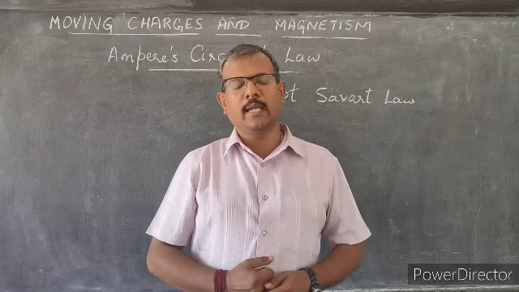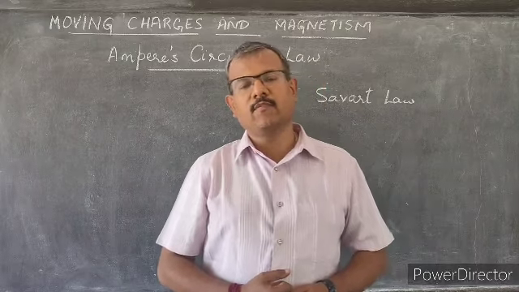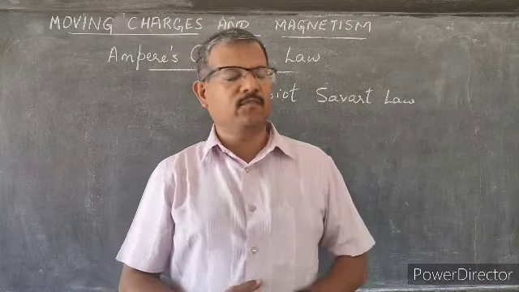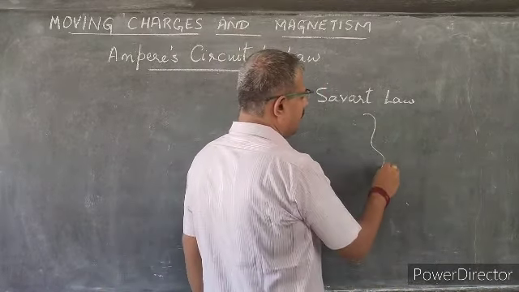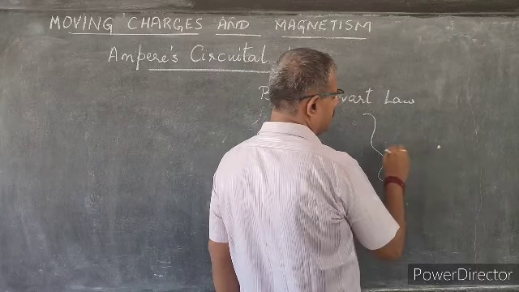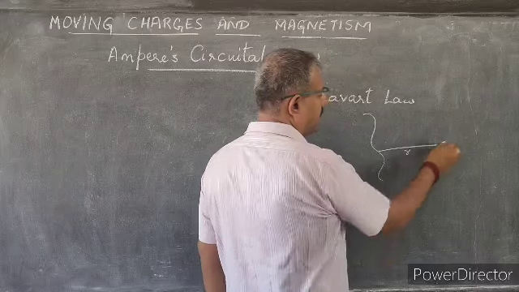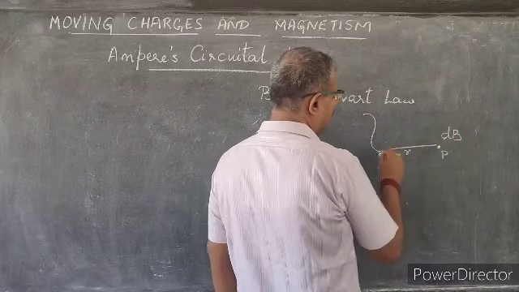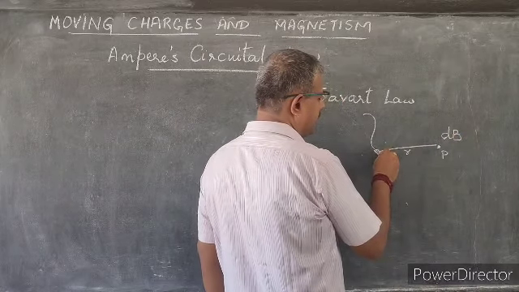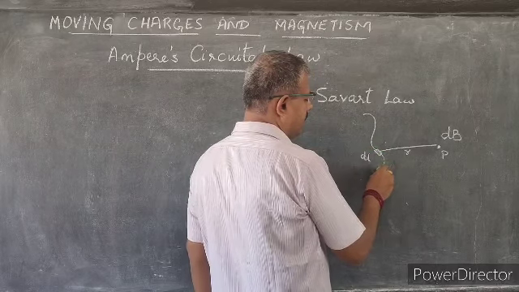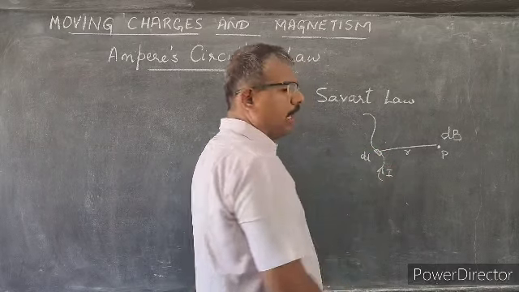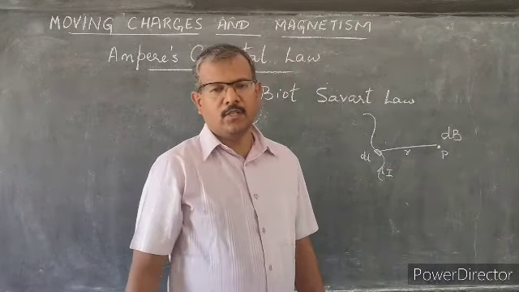So it was one way of defining what would be the strength of a magnetic field at a distance r at a point P due to a current carrying element dl carrying a current of I amperes.